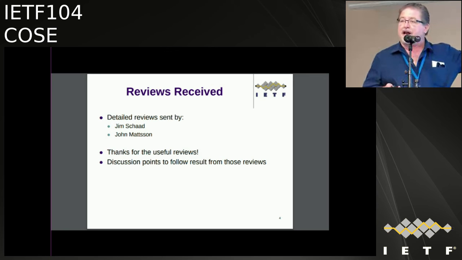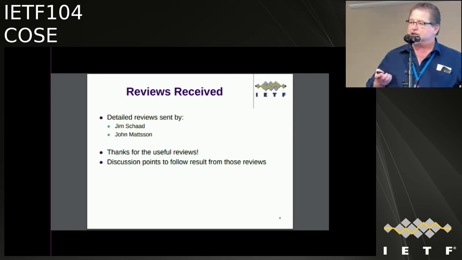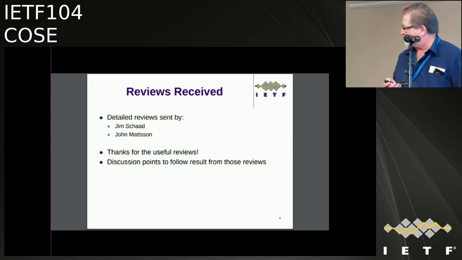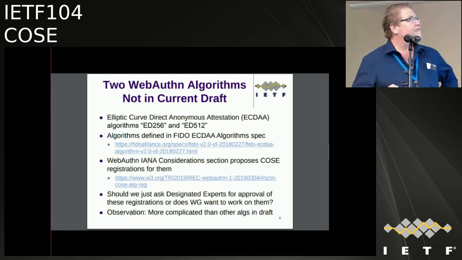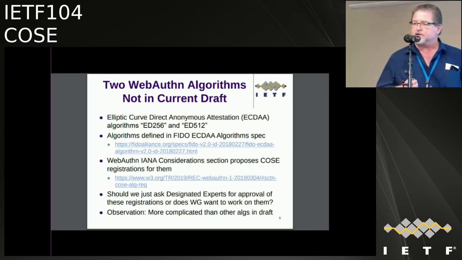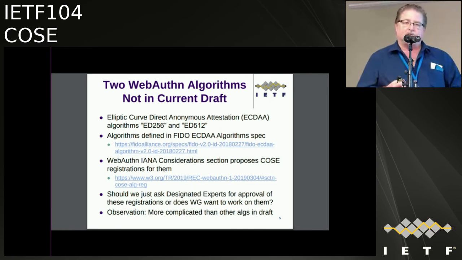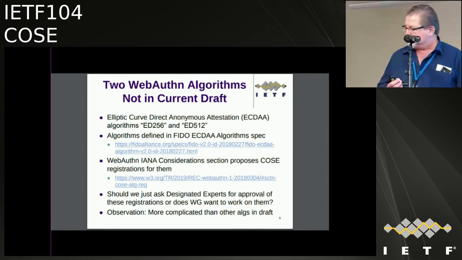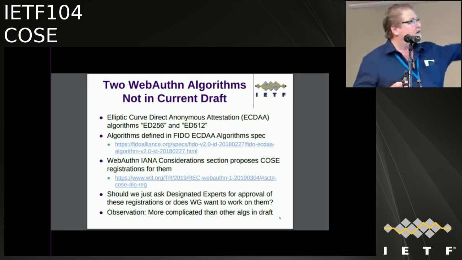Those things that are not as obvious will be the following subsequent slides for input right here and now. Jim correctly pointed out that there's 2 algorithms in WebAuthn that are not in this draft to date.